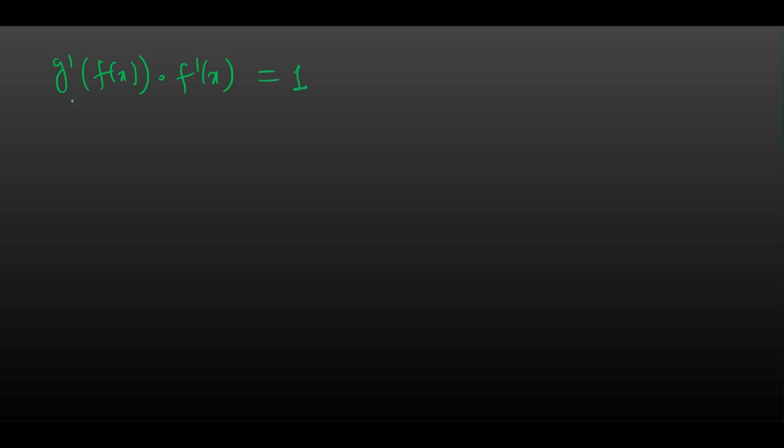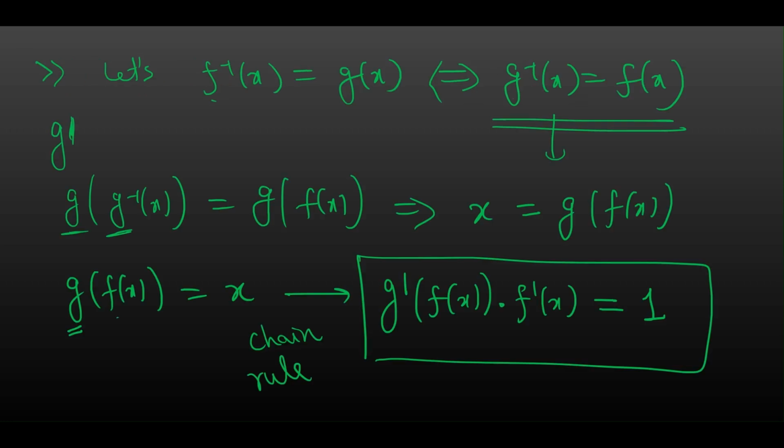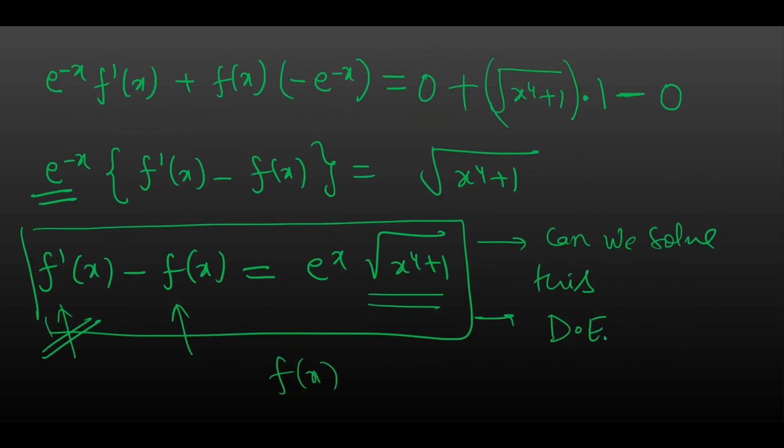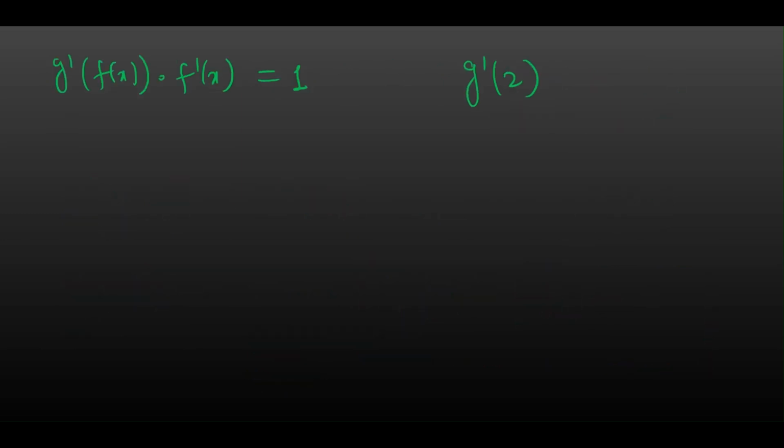We are more interested in finding the value of g dash of 2. Right? The original question was to find the value of the derivative of f inverse at x equals 2. F inverse, we have named it g of x, right? So we are interested in finding the derivative of g(x) at x equals 2, that is g dash of 2.